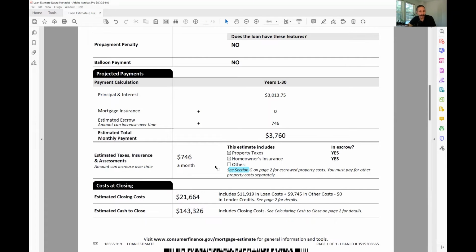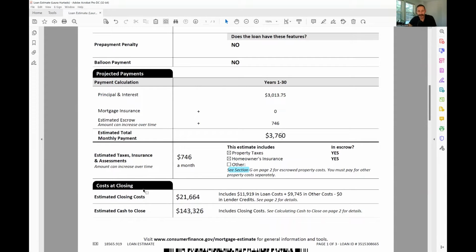So here again, it's $746 a month. That includes the property tax and the homeowner's insurance. And it says, is this in escrow, which means is it included in the monthly payment? And the answer is yes. So that's what comprises a portion of that $3,760 payment that you see up there. So that's the middle section.